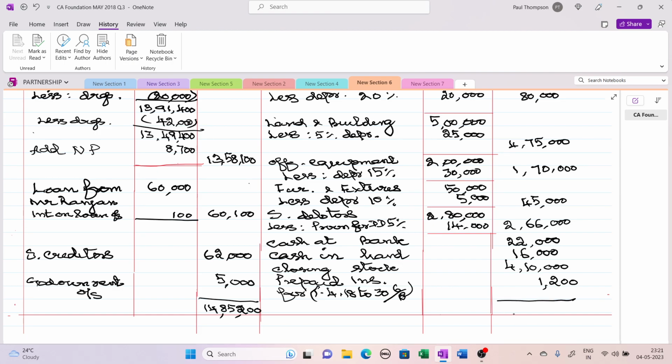So this side it is 80,475, 45,170, 2,66,22, 16,4,10,000 and 1,200. This also comes as 14,85,200. So the balance sheet matches.